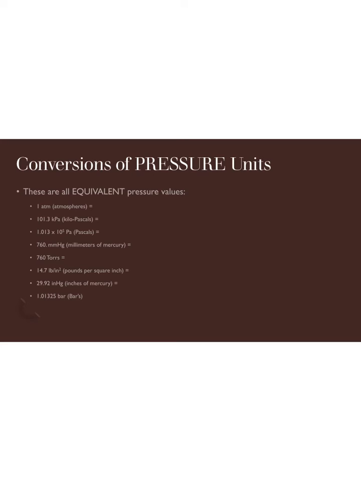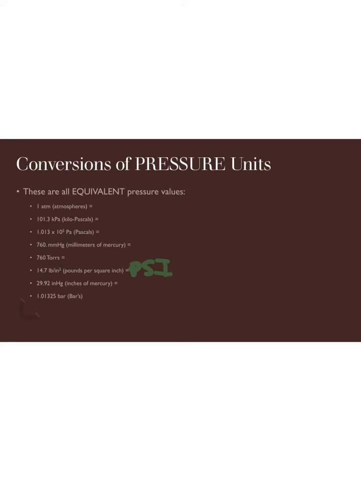We have atmospheres, kPa, so I think of that as 101.3 kPa, where kPa stands for kilopascals, or we could have just pascals. Millimeters of mercury, that's one of the original ways to measure pressure. Torrs, pounds per square inch, or you might know this as PSI. I'm going to write that PSI.